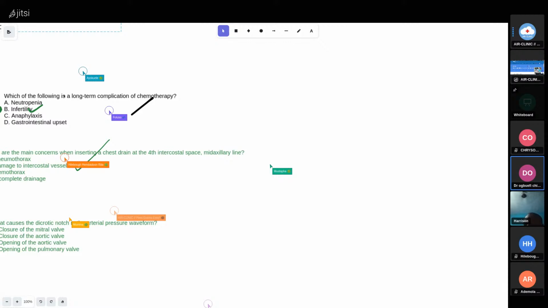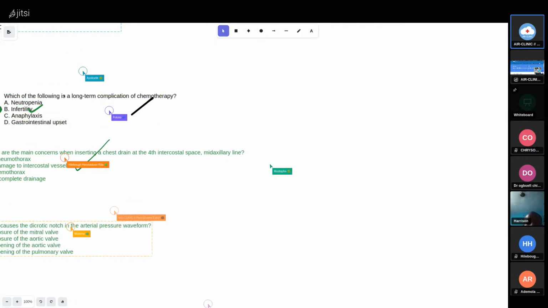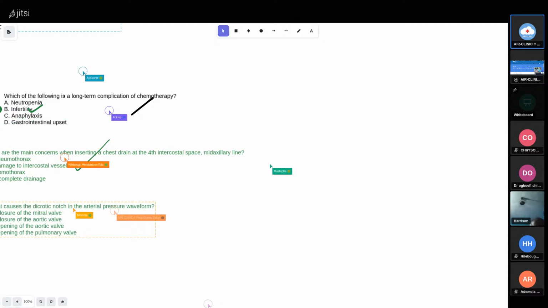So apparently there's a curve plotting the aortic pressure against the time of the cardiac cycle in seconds. A waveform is usually formed, and within that waveform there's a slight notch. Let me see if I can show you the image.